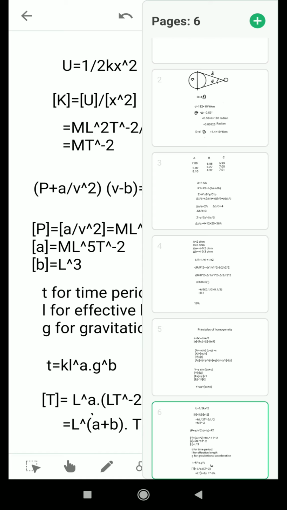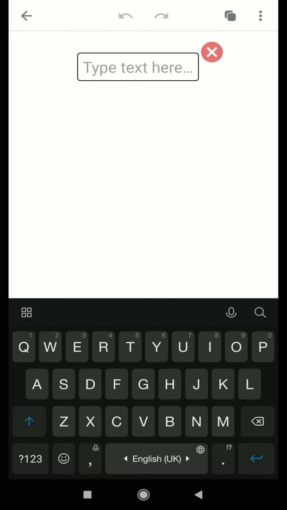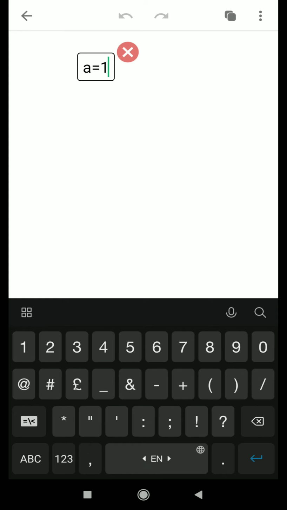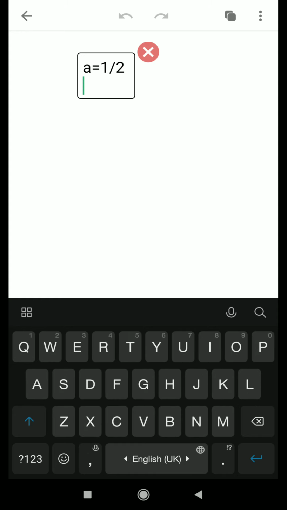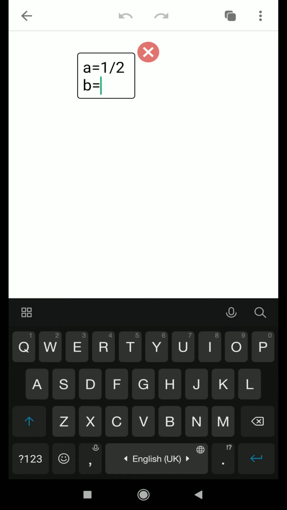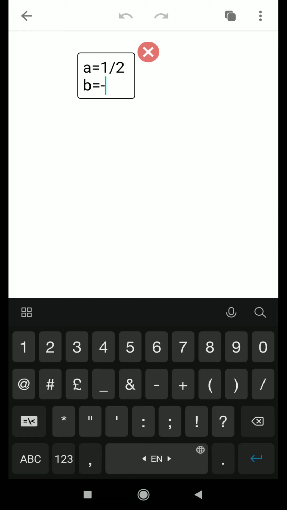I am going to a new page. Value of a is half, and value of b is minus half. Clear?